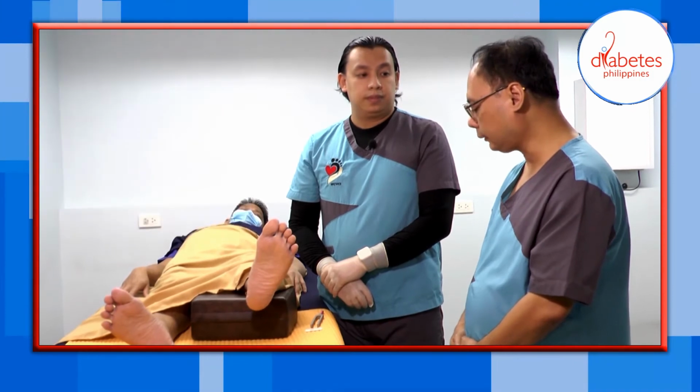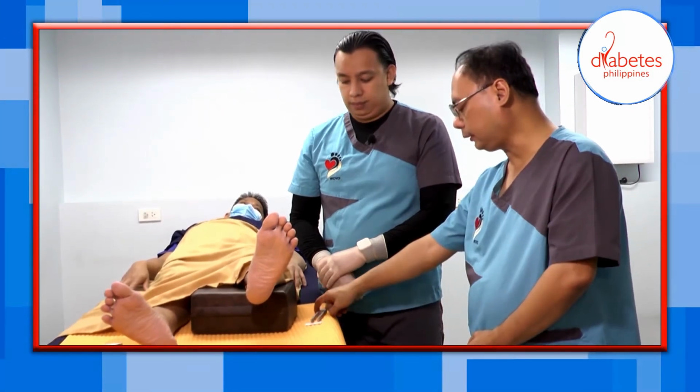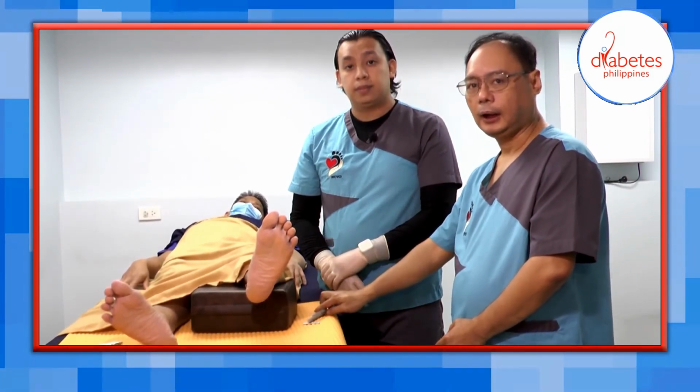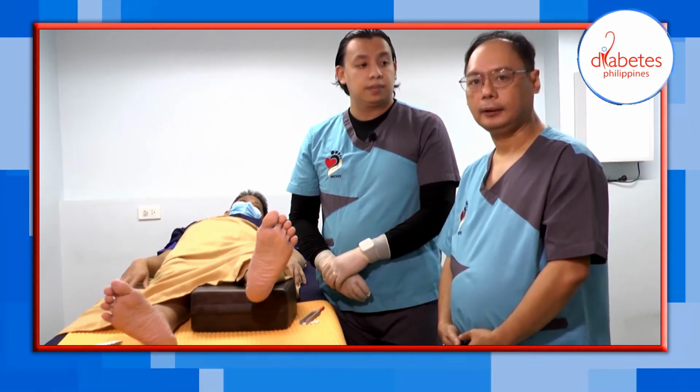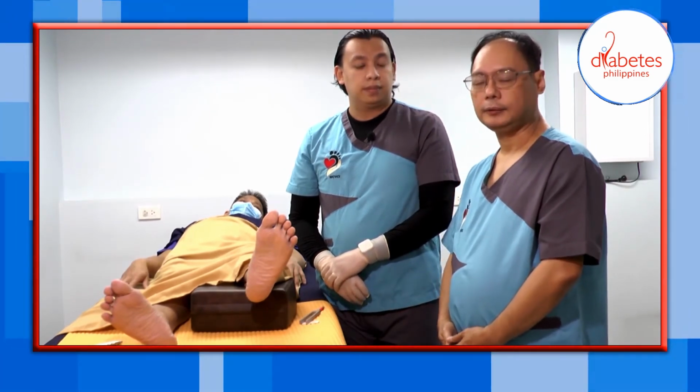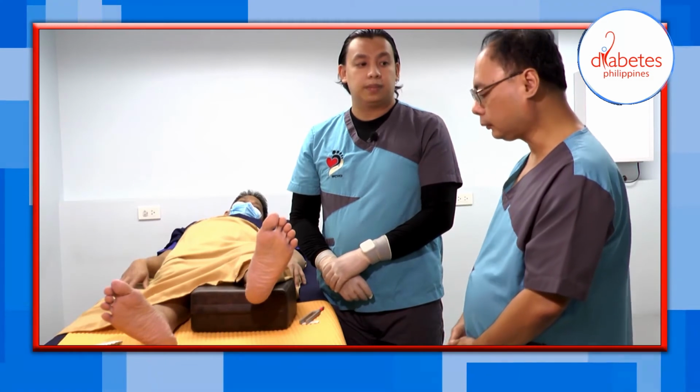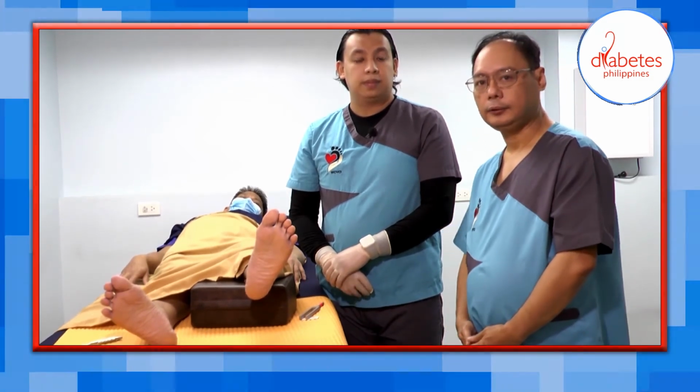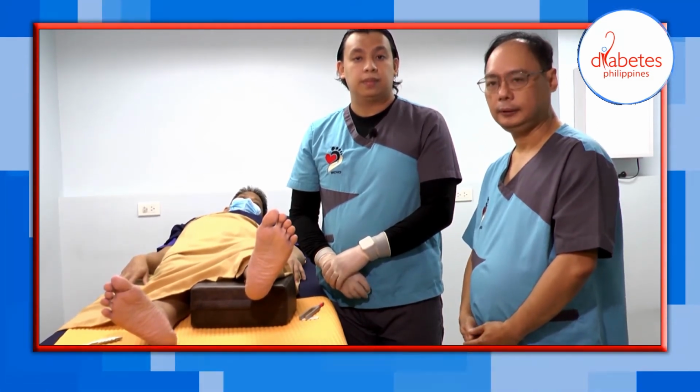However, as Dan said, the monofilament plus this tuning fork is already adequate to identify the patient that has loss of protective sensation. If you're going to go into research, then you can use the machine, the biothesiometer.